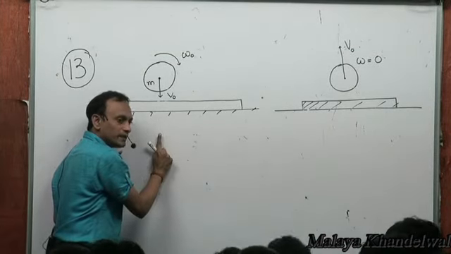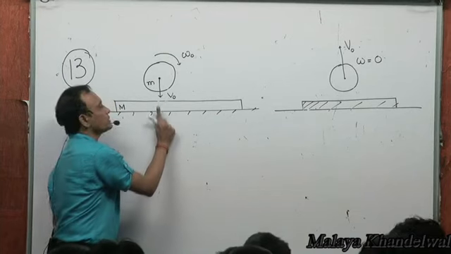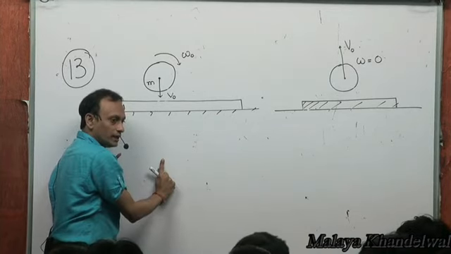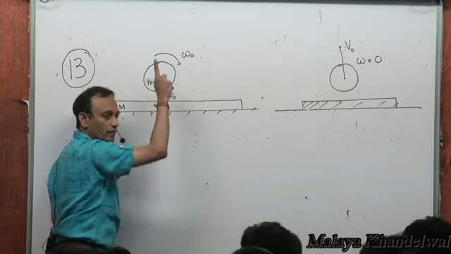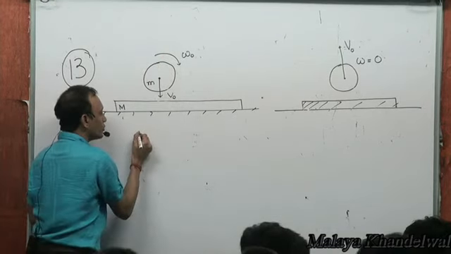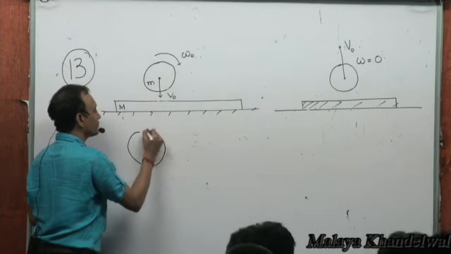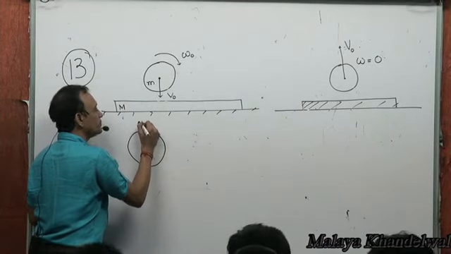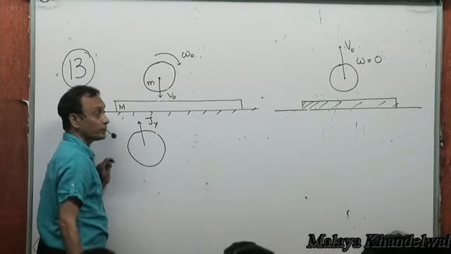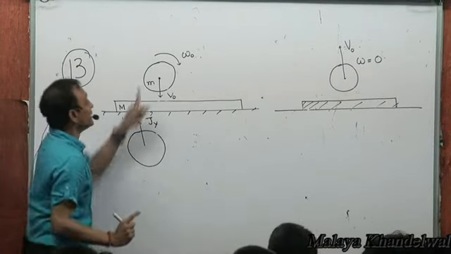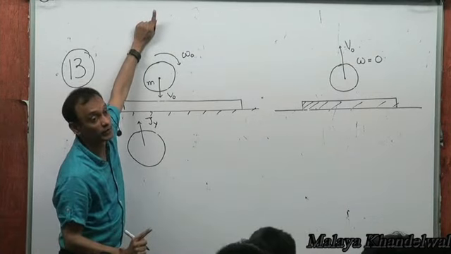See, when it hits the plank like this, it will exert on the plank a vertical impulse. The plank will exert on the ball an equal and opposite upward impulse, right? So if I look at the ball side of the story, there is an upward impulse Jy. And what has this Jy done? It has changed linear momentum in the upward direction.